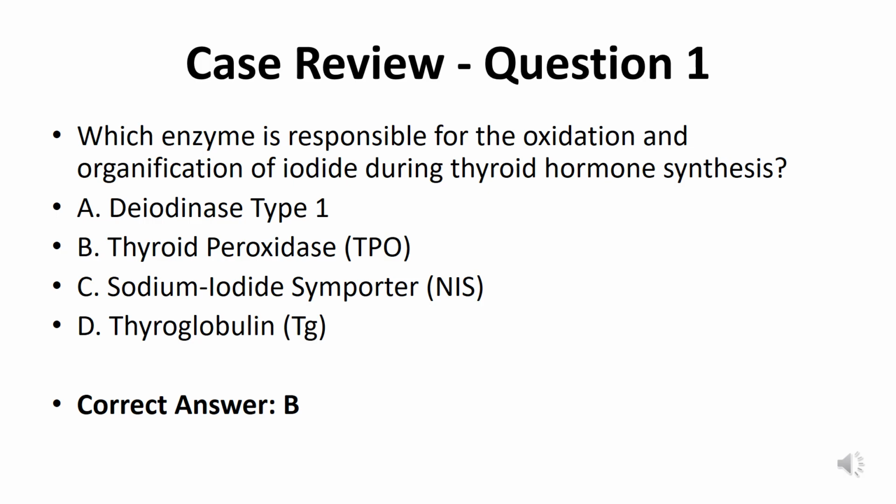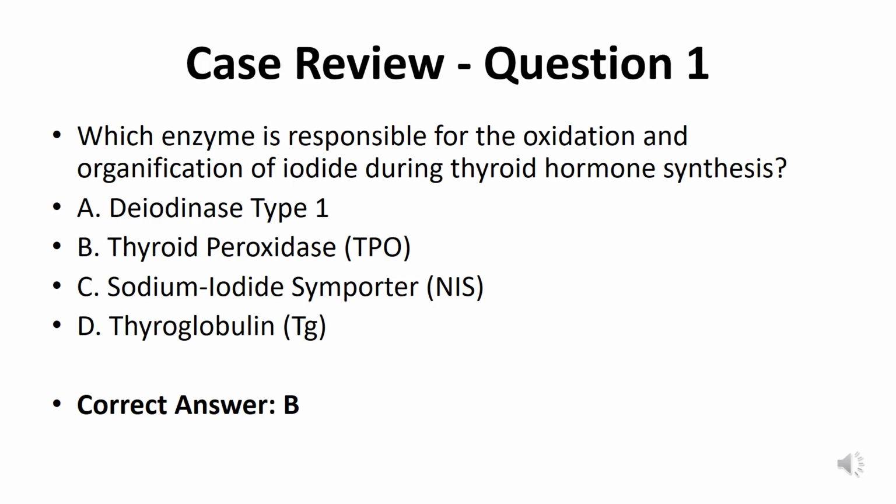Now let's briefly look at why the other options are incorrect. Deiodinase type 1 is involved in peripheral conversion of T4 into active T3 after hormones are already produced. It does not perform oxidation or organification inside the thyroid gland. The sodium iodide symporter transports iodide into the cell, but does not chemically modify it.